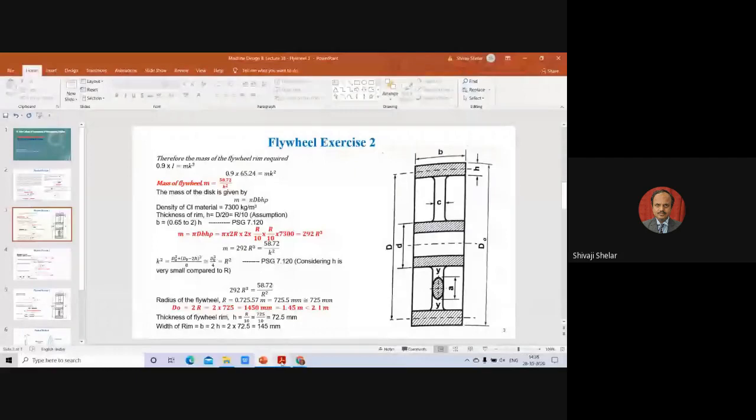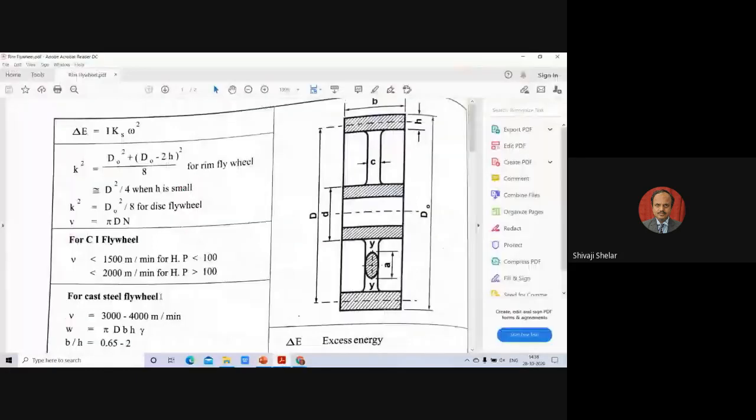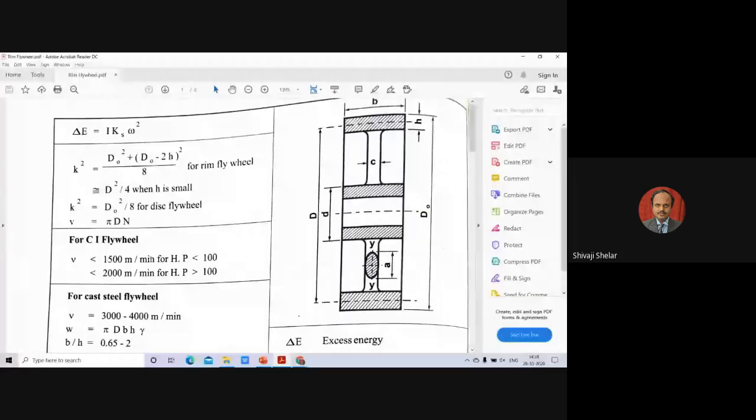Here, we are using cast iron material for the flywheel. If you are transmitting power less than 100 HP, means around 75 kilowatts, then your peripheral speed should be less than 1,500 meter per minute.